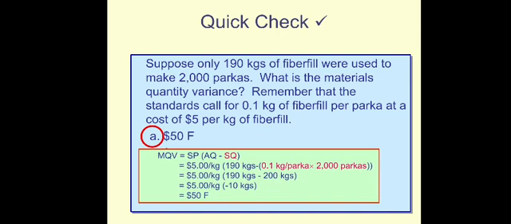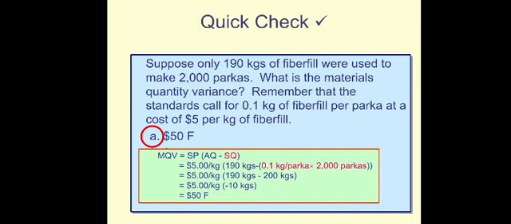Material quantity variance, the standard price is $5 per kilogram. Actual quantity is 180 kilogram. And now the standard quantity is 200 kilogram.